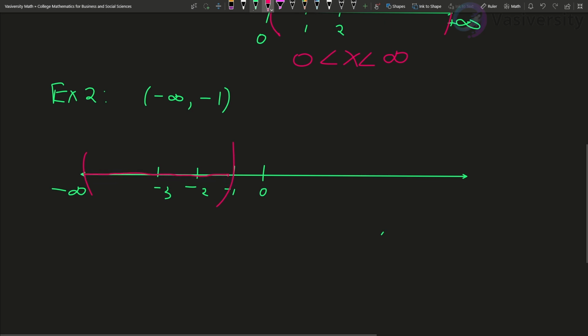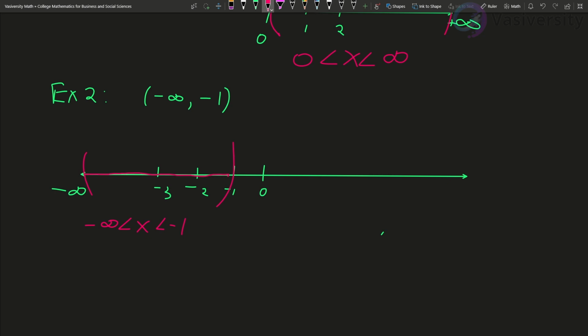We can write it down as negative infinity less than x less than -1. The more negative we get, the smaller the number gets, so it's everything to the left. Sometimes we don't have to label the infinity. We can just imply that it goes on and on as far as we label the interval. But that would be the representation on the number line.